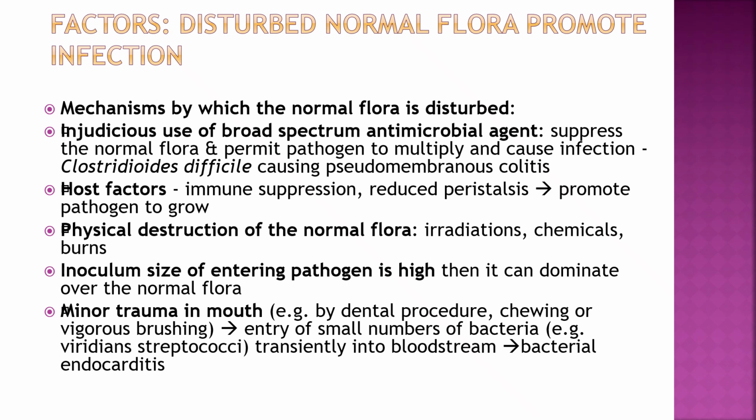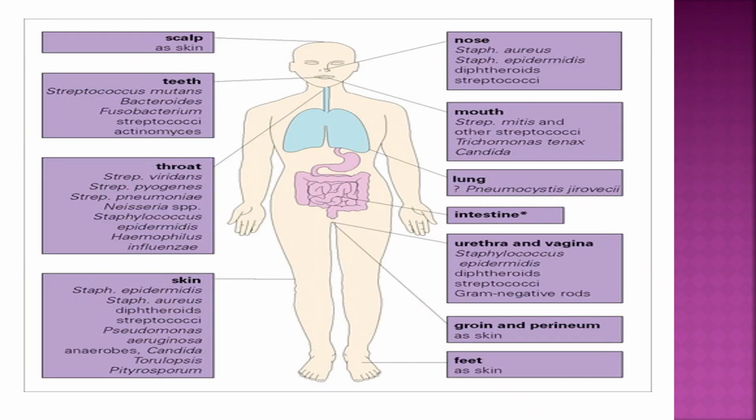This promotes passage of Streptococcus viridans into the bloodstream, which causes bacterial endocarditis. Here you can see normal bacterial flora in some parts of the body. The throat is important: Streptococcus viridans is normal flora, along with Streptococcus pyogenes, pneumoniae, the Neisseria group, and some Staphylococcus epidermidis. In the skin, Staphylococcus epidermidis and Staphylococcus aureus are common normal flora.